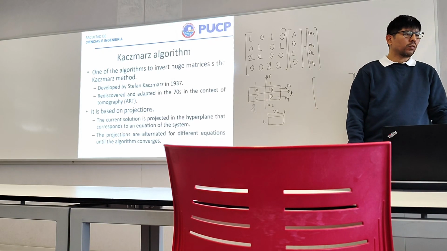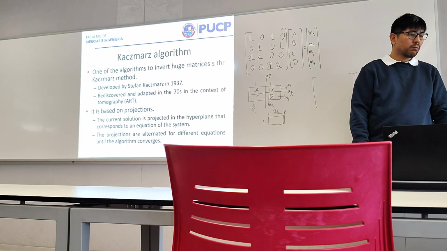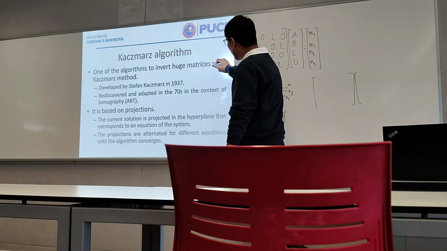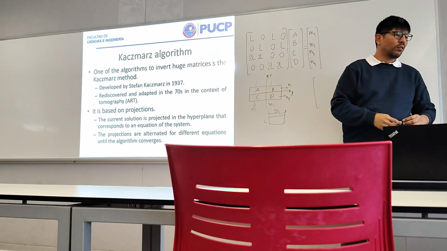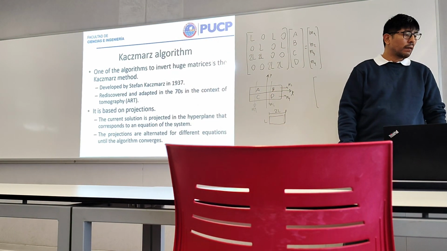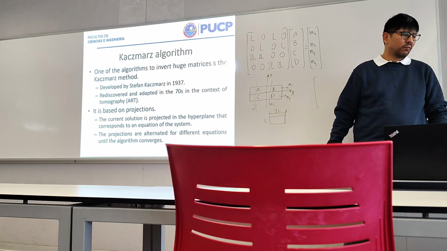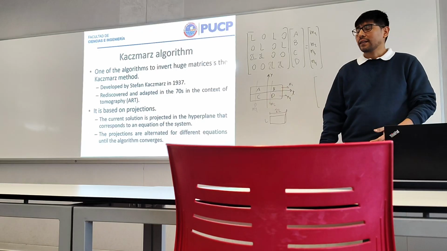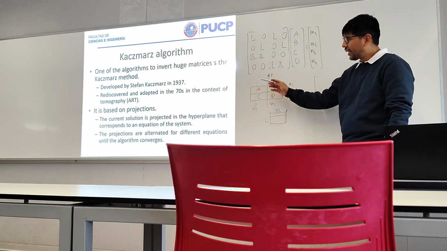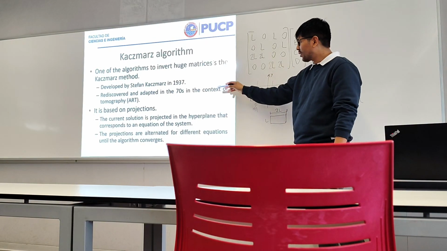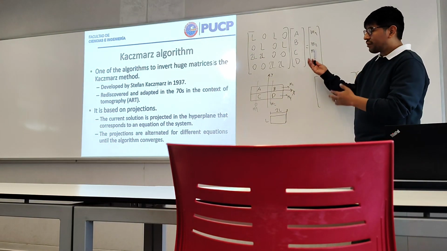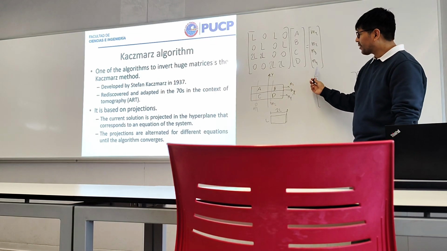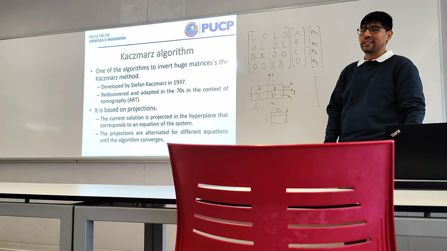It's one of the algorithms to invert huge matrices, developed 100 years ago as a mathematical tool. But then later, around the 70s, they used it in the context of tomography, understanding that the radon transform problem is, at the end of the day, constructing a matrix like this and trying to invert it to obtain A, B, C.